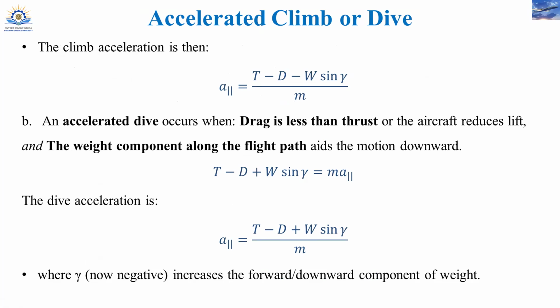So you can assume that this is climbing, right? As this is your flight angle gamma. So thrust is there, weight is acting down here. Okay. So this is weight. Again, you have a thrust direction here.